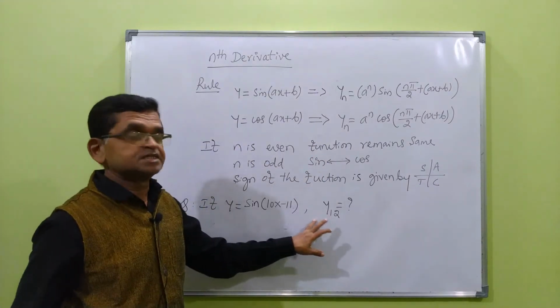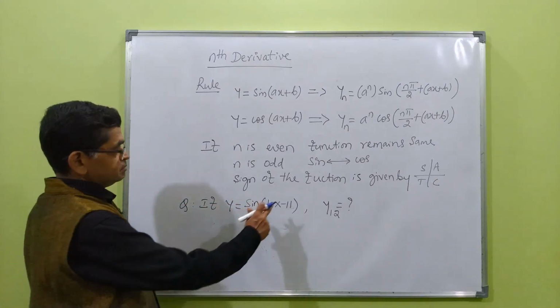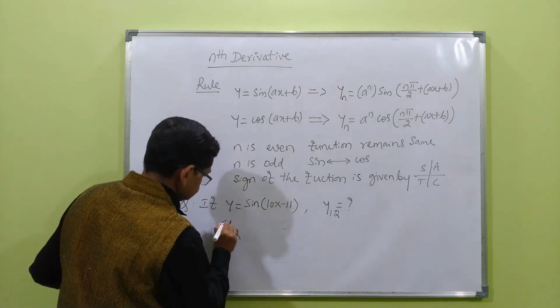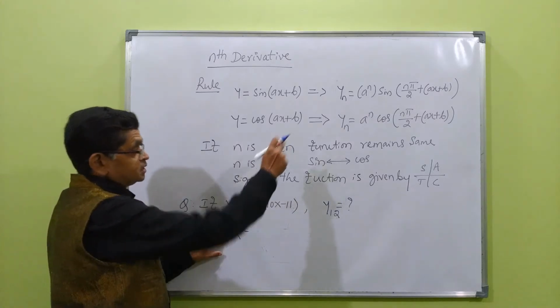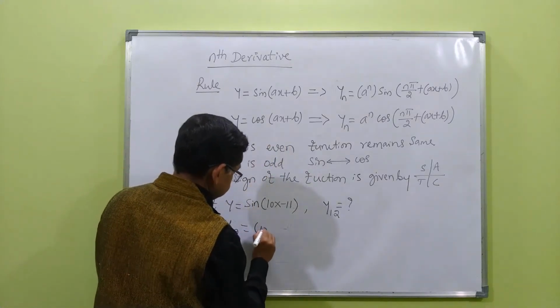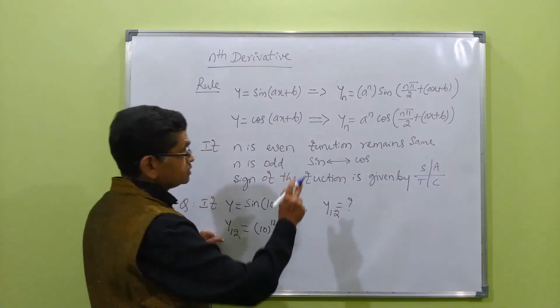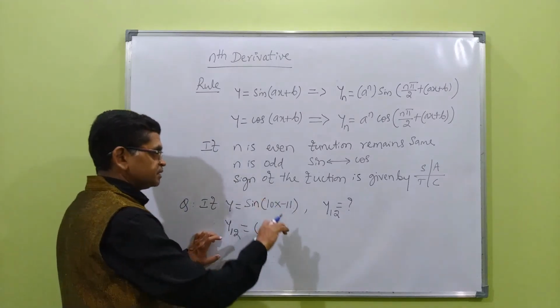See, this is another example. y is sine of 10x minus 11. y12 is equal to a raised to n, 10 raised to 12. n is 12 here. Sine function, since n is even, that remains same.